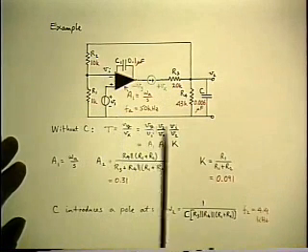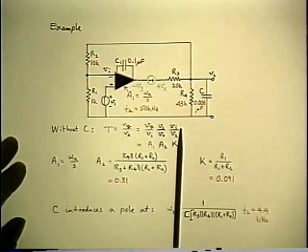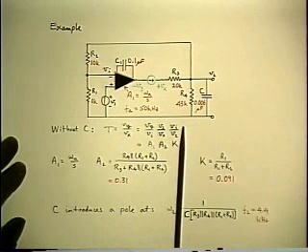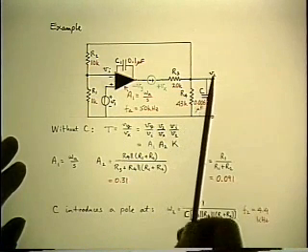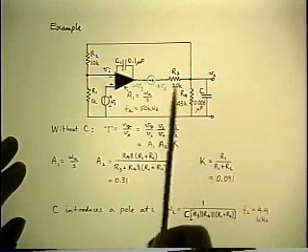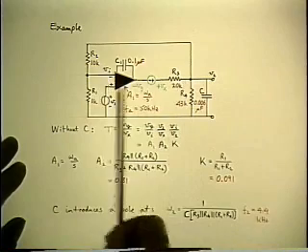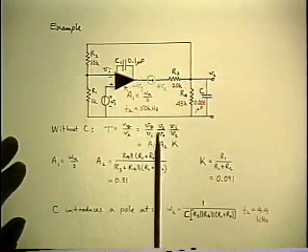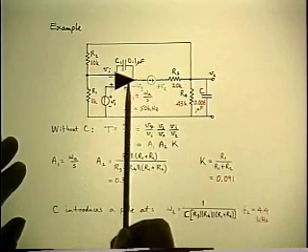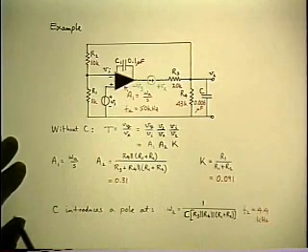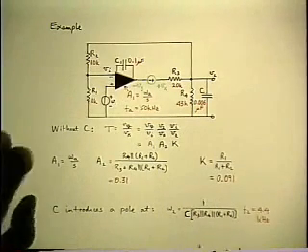And I can split it into three factors for convenience. So I get V2 over Vx is one of the factors. That's just a divider. And then Vi over V2 is another divider. And finally, the op amp gain is the third factor. And I can write all of those down pretty easily.